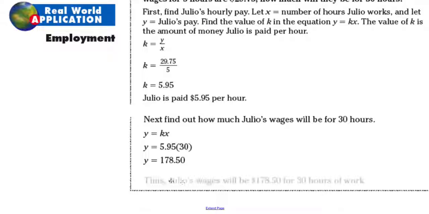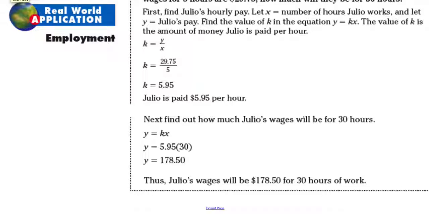Therefore, if Julio worked for 30 hours, his wages will be $178.50.